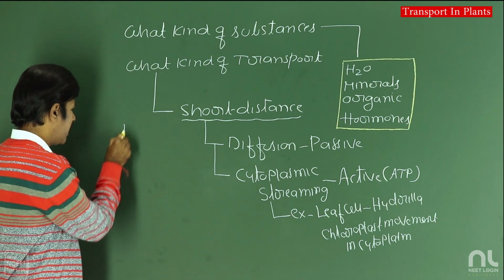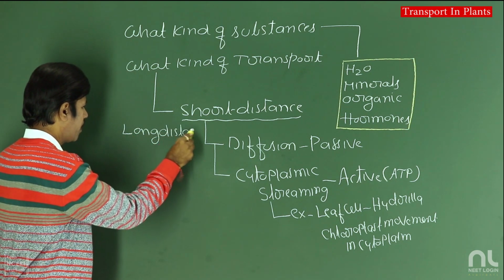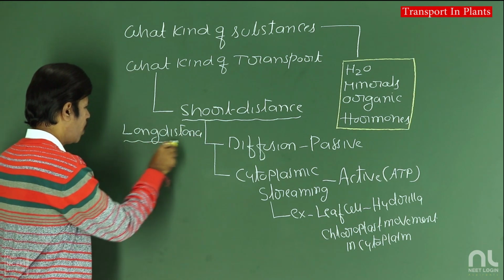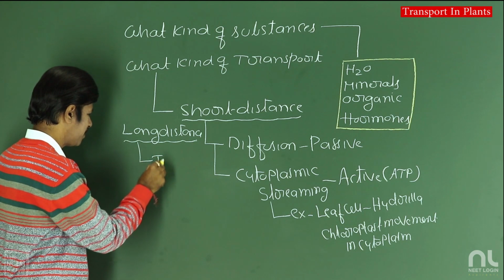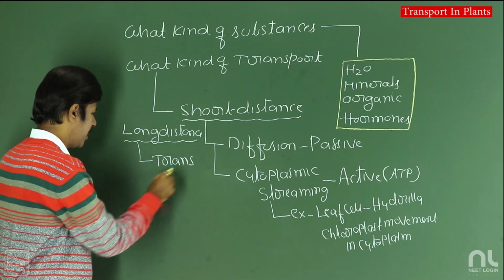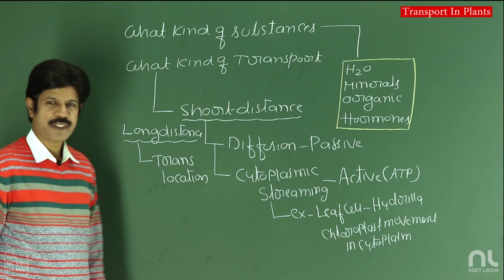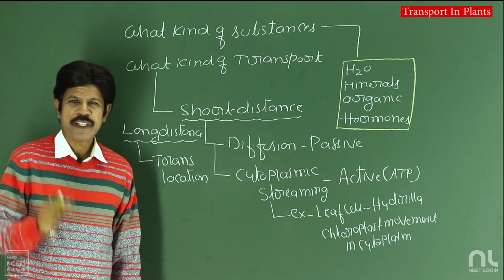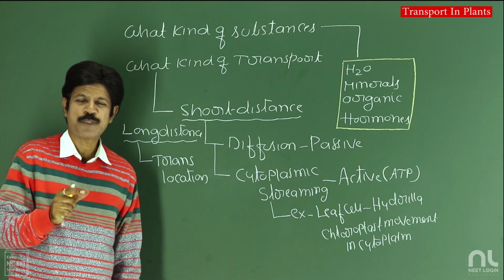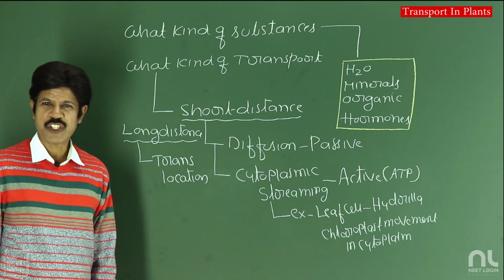And with regard to long distance transport, what they call it is translocation. The location got changed. Water, minerals and food materials are transported through vascular tissues. What you call it is translocation.